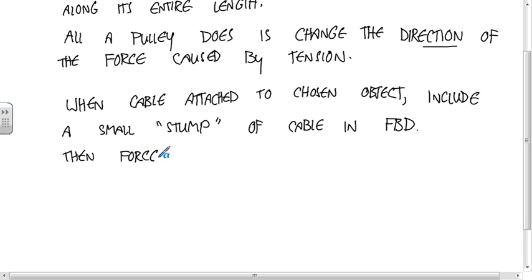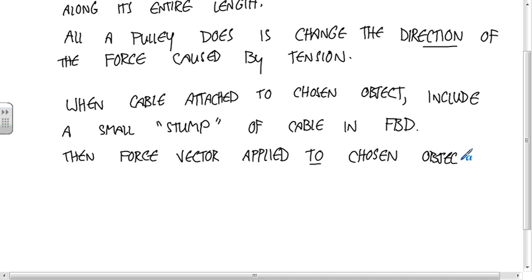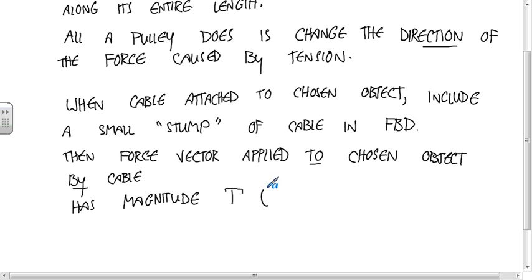Then the force vector applied to the chosen object by the cable has a magnitude T. That T is for the tension. And it acts directly out of the stump.